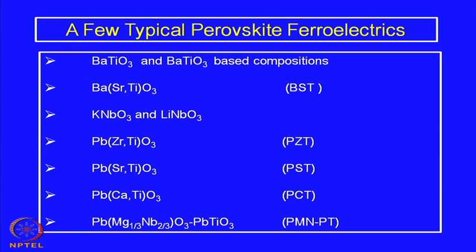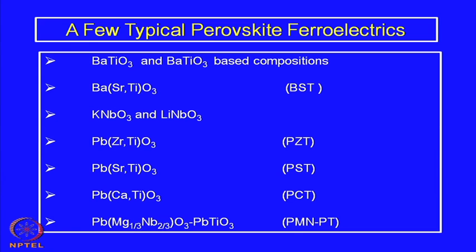This is a very important compound once again from the dielectric point of view and stable dielectric behavior. These are used primarily in thin film form, and this is another very important group of compounds used in this category of ferroelectric materials.